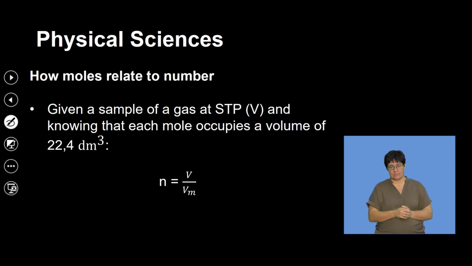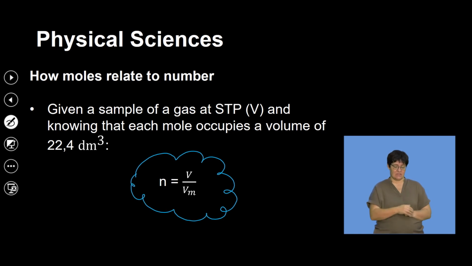Given a sample of gas at STP, knowing that each mole occupies a constant volume, this takes us to the equation: moles of a gas is equal to volume divided by the molar volume.